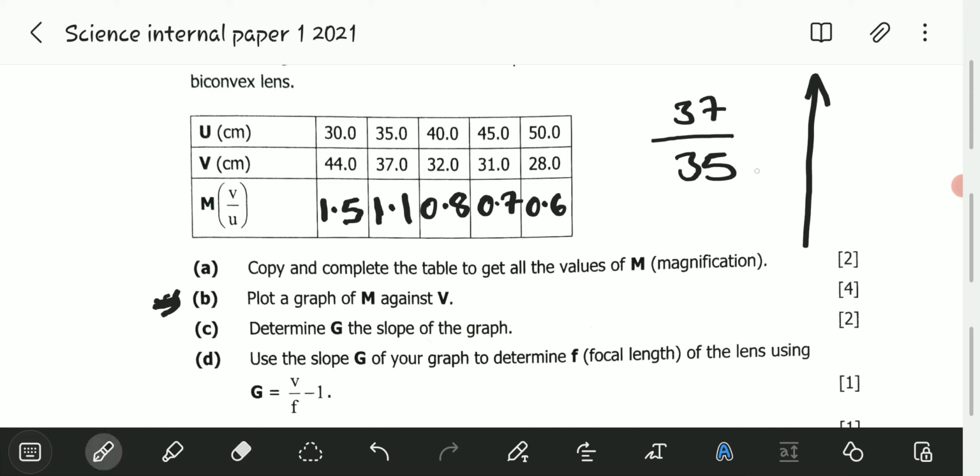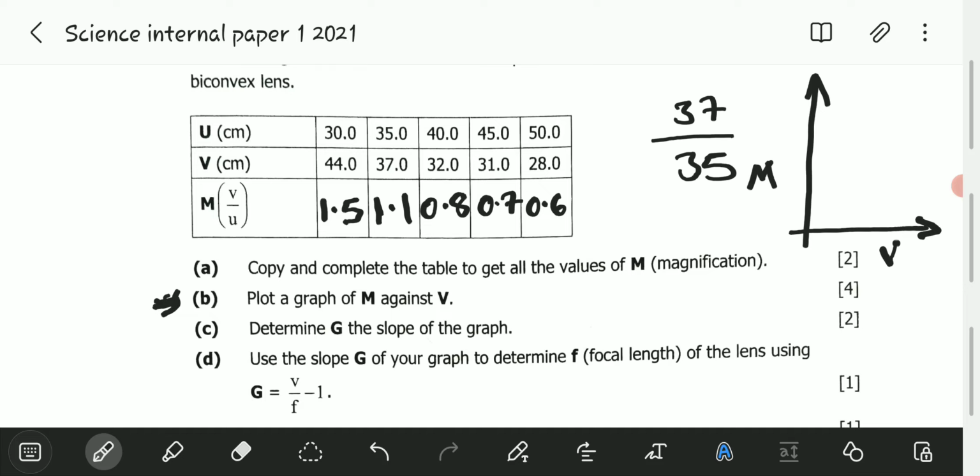Here we'll have our M. And on the x-axis, we are going to have our V. Okay? Now, let's get to our graph paper.